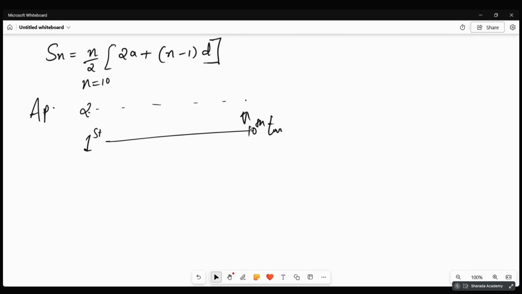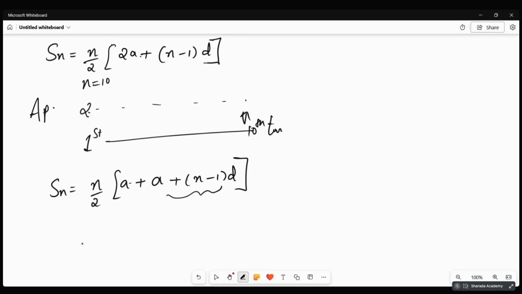Here, if you observe, Sn is equal to n by 2 into 2a plus n minus 1 into d, or I can write this as a plus a, since a plus a is 2a. So I can write this formula as a plus (a plus n minus 1 into d). And a plus n minus 1 into d is what? an, correct? So I can also write it as n by 2 into a plus an.